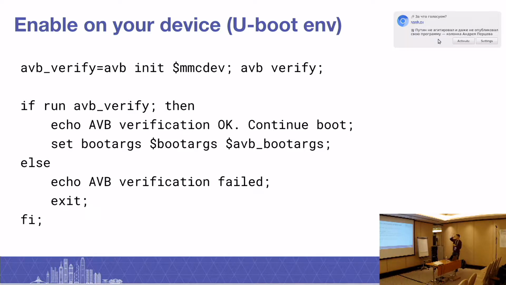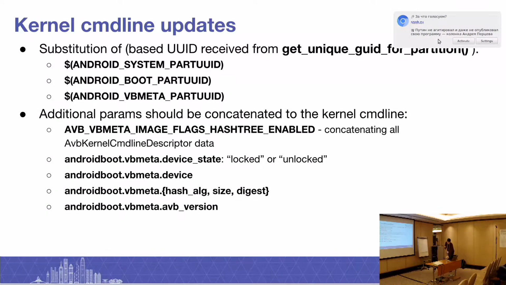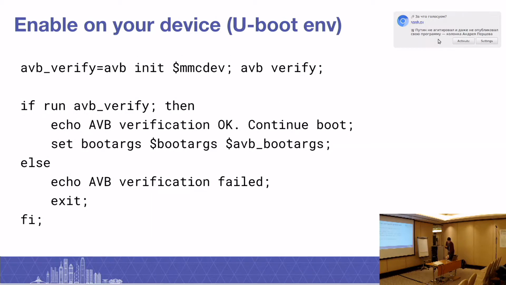If verification is okay, we just append this AVB boot args that were generated to the general command line. And if not, we just exit, so we don't continue our boot.